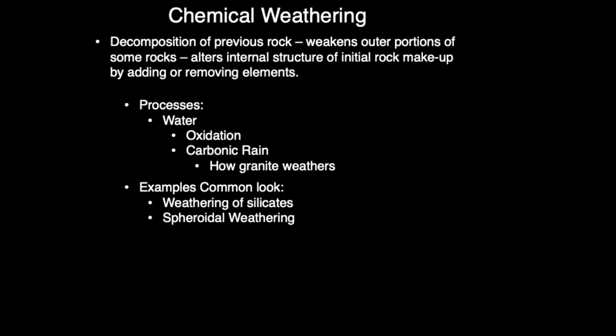We'll talk first about the importance of water in the environment, and here we'll talk about oxidation and carbonic rain. And then we'll talk a little bit about weathering of silicate minerals and spheroidal weathering, which is a type of weathering or the appearance of weathering.